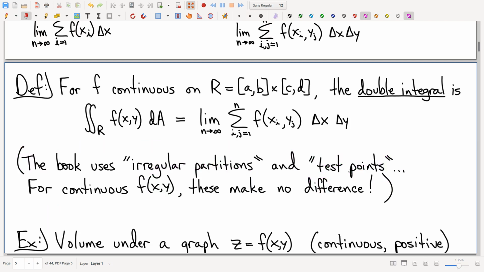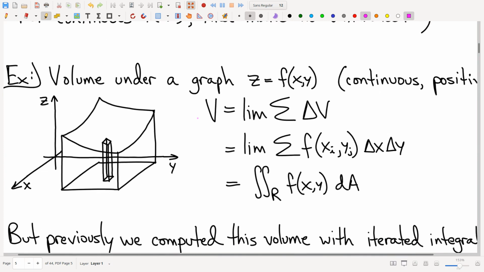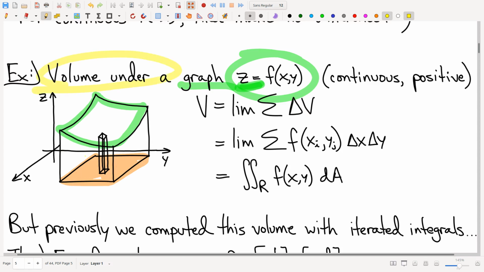All righty. So, armed with our new tool, let's revisit an old question. Volume under a graph. Right, so we have this graph surface. We have a rectangular domain given down here in the xy plane. And I want to compute the volume sitting under the graph and over the rectangle.